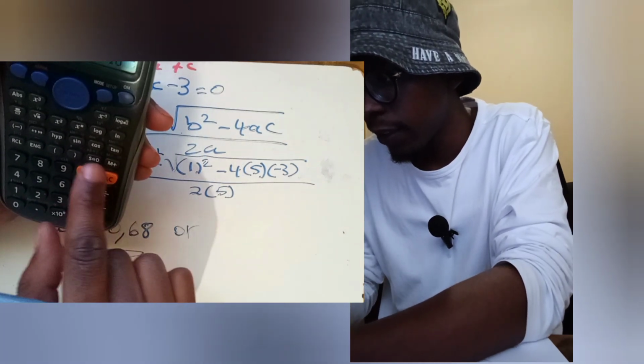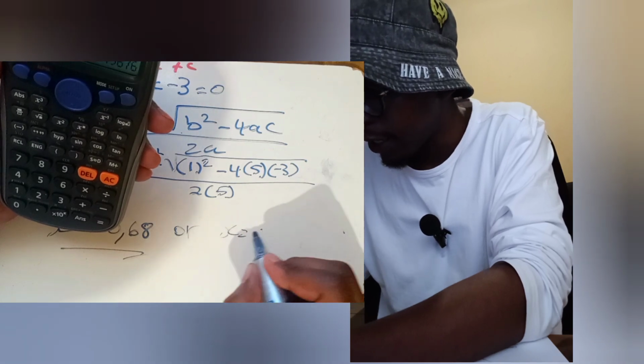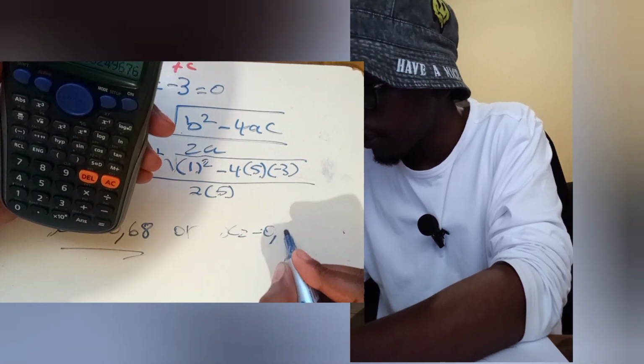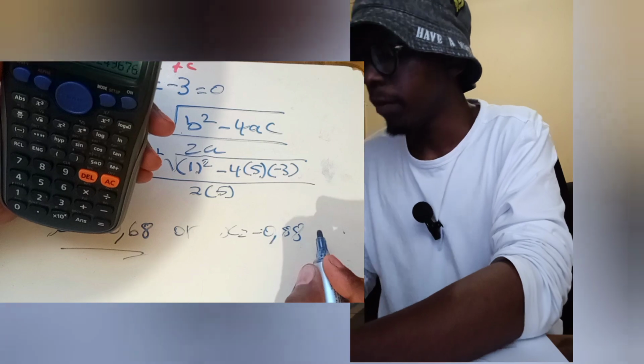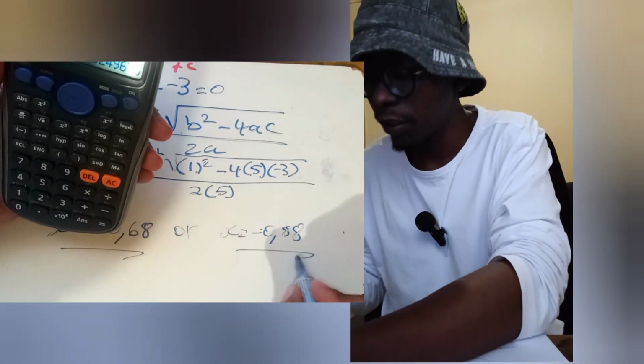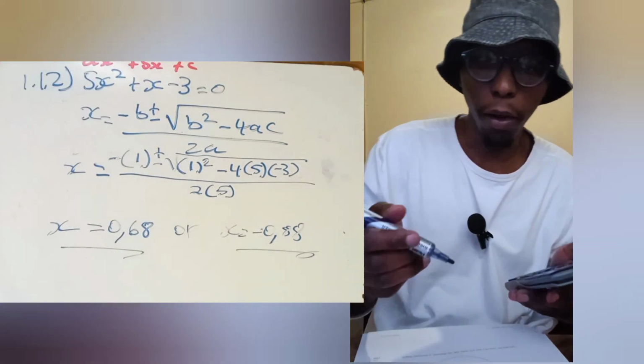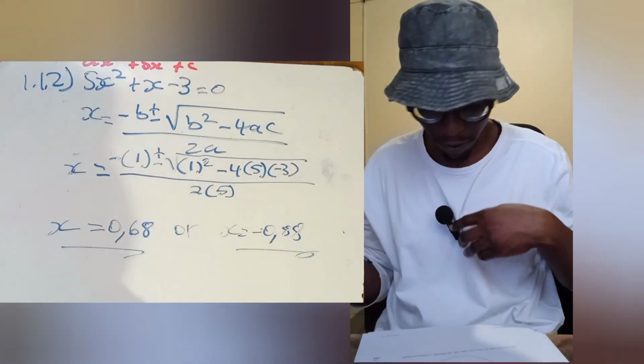And then my second answer is x is negative 0,88. So again, after the 8 is a 1, it's not powerful enough to change the 8. Remember, it must be 5 or above to change your number.